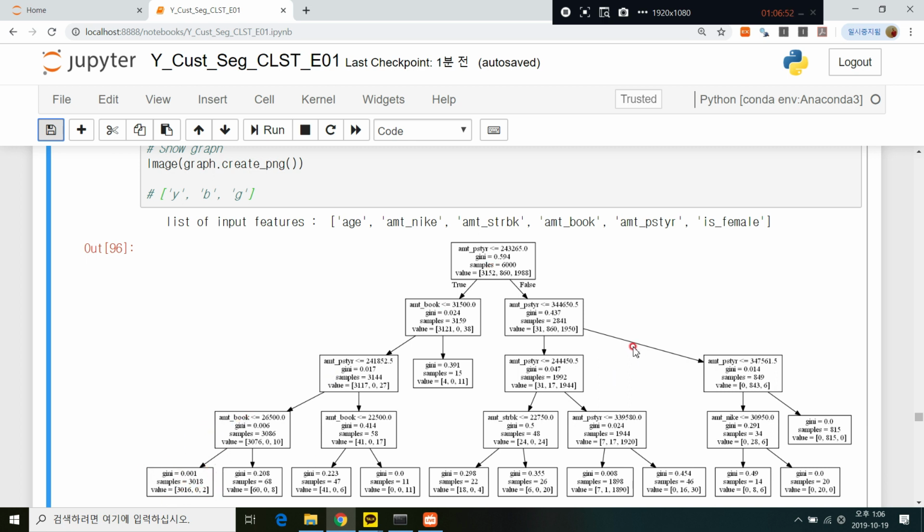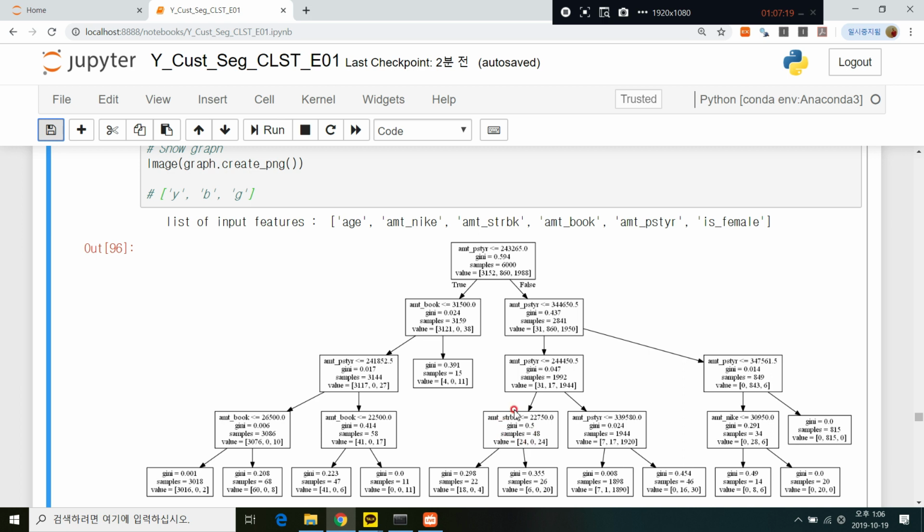These are the characteristics. Anyway, we can find that past year amount and total amount are pretty important. This feature rules all of this here and here and here. Only in a few very small places is amount book a determinant.